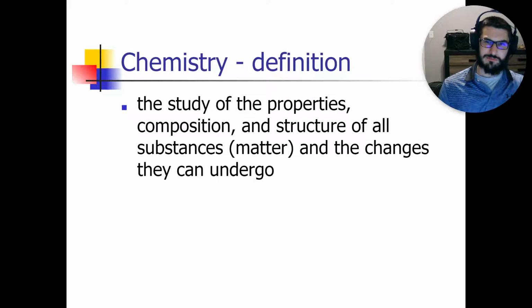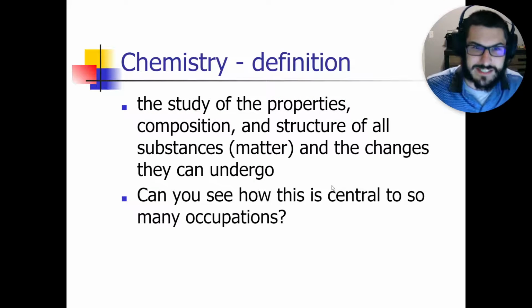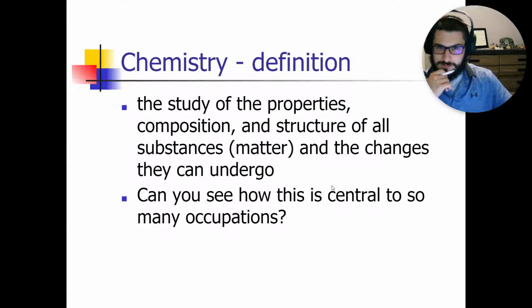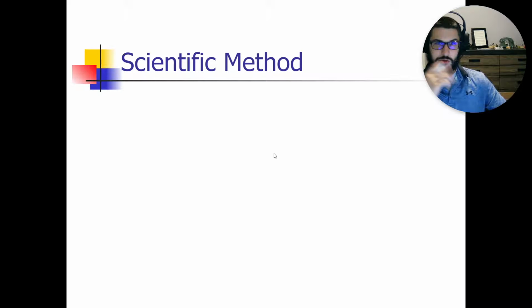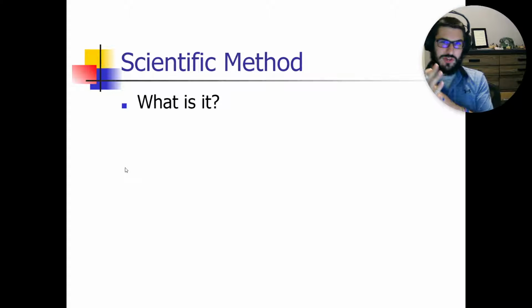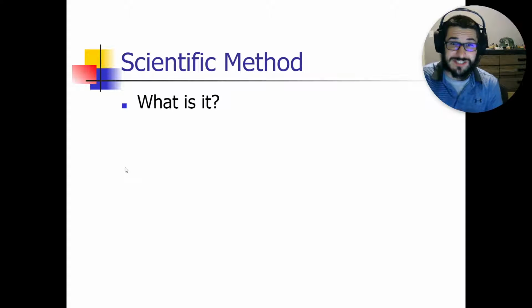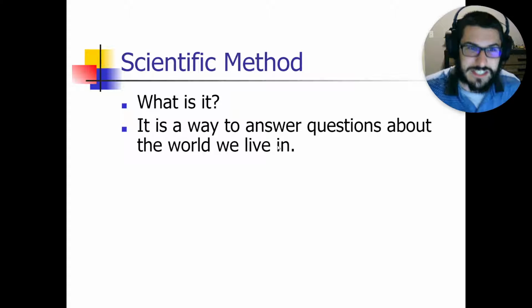So we're going to break apart some of that today, so you can see how this is kind of central to a lot of things that you guys might go into after high school. So first, scientific method, you guys have heard of this before and studied this in previous classes. So what is it?